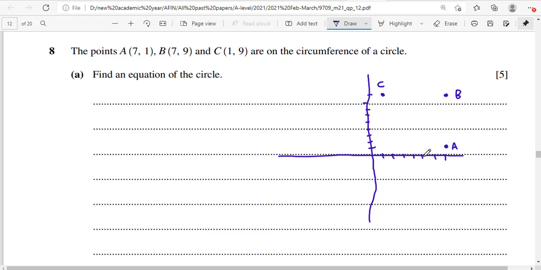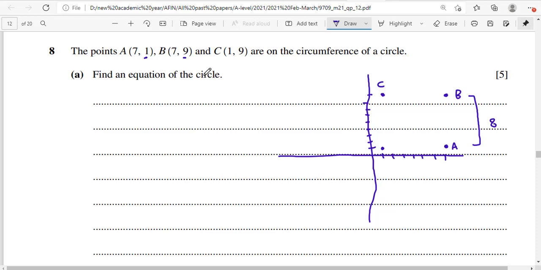It looks like a rectangle. If we need, there's another point here, maybe we don't need. From point A to point B, the y values are 1 and 9, it means from A to B is 8 units.